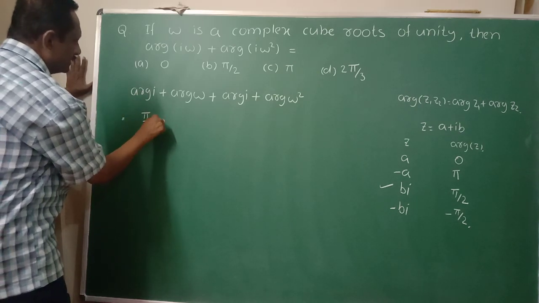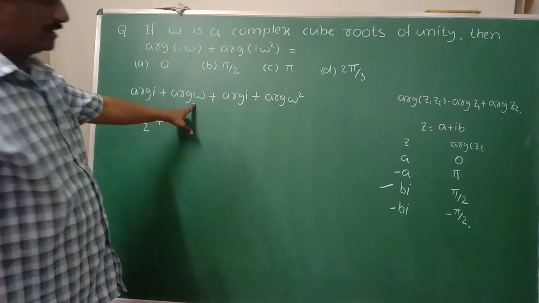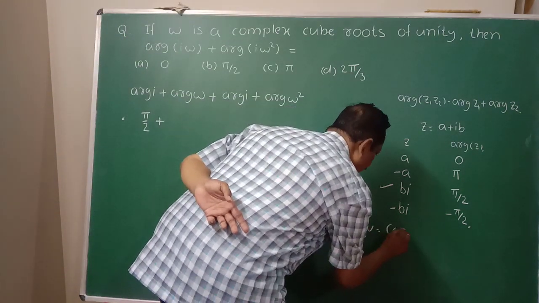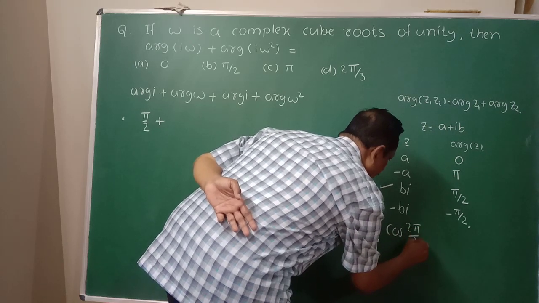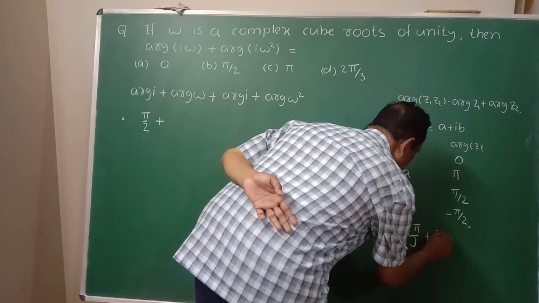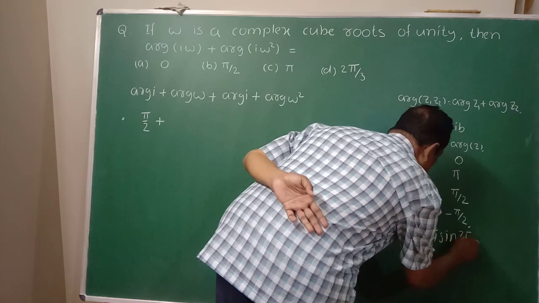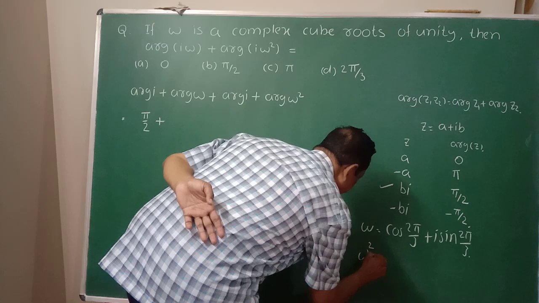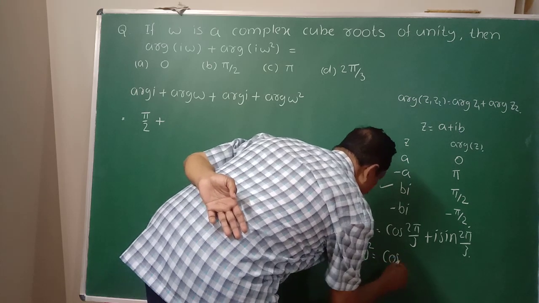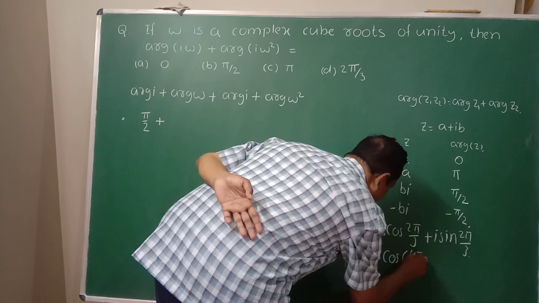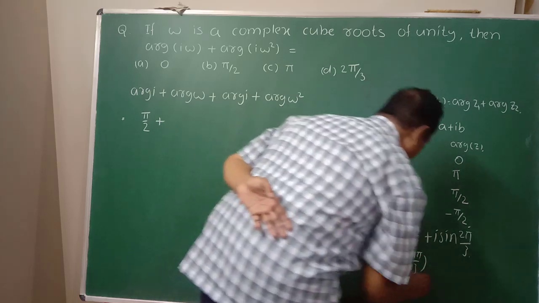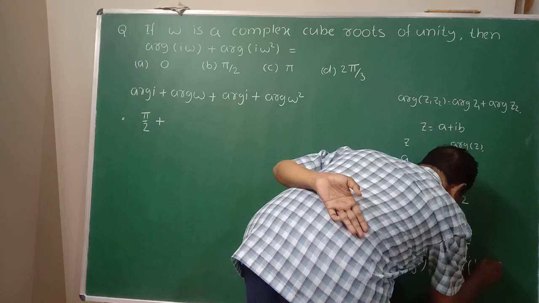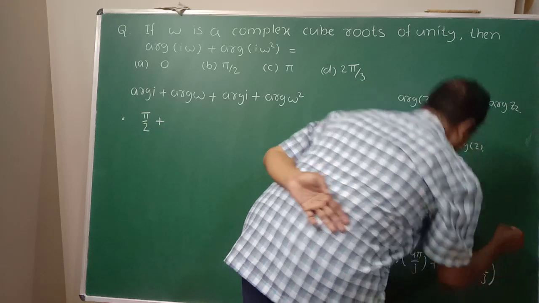Then plus, next you know that omega is cos of 2 pi divided by 3 plus i into sin of 2 pi divided by 3, and omega square is cos of 4 pi by 3 plus i into sin of 4 pi divided by 3.